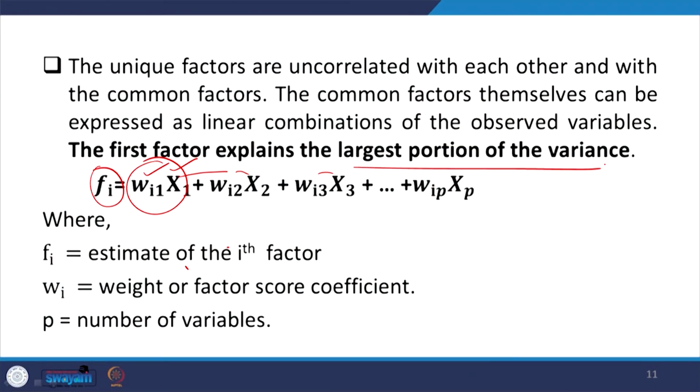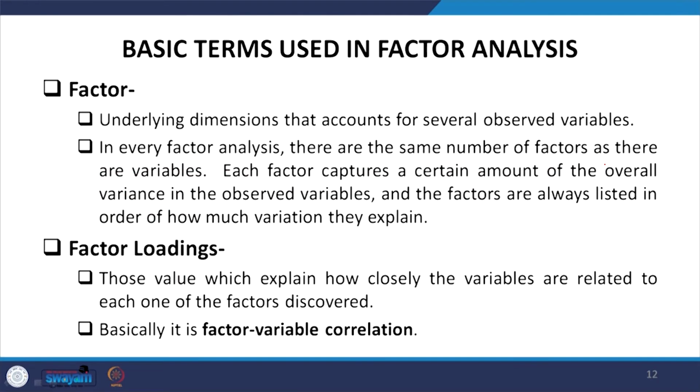Okay. So, Fi is the estimate of the ith factor, and Wi is the weight or the factor score coefficient, we will also discuss that. Then P is the number of variables in the model. Okay. Now, so far we have used some terminologies, and we are also going to discuss important terminologies which are very necessary for factor analysis. They are the following.